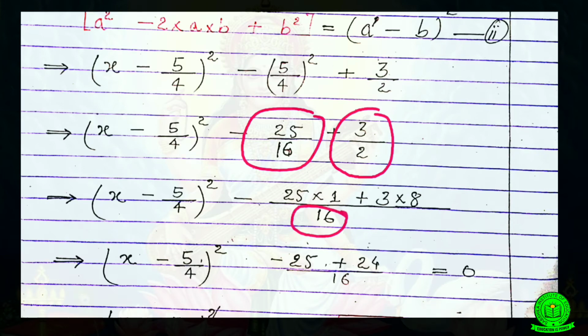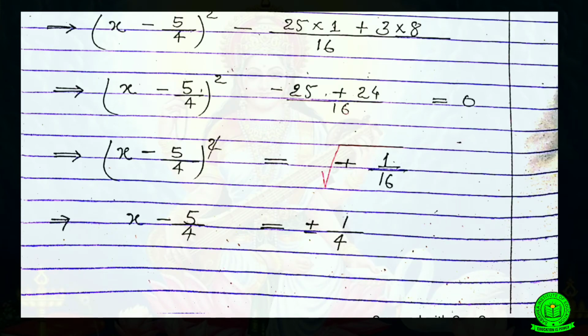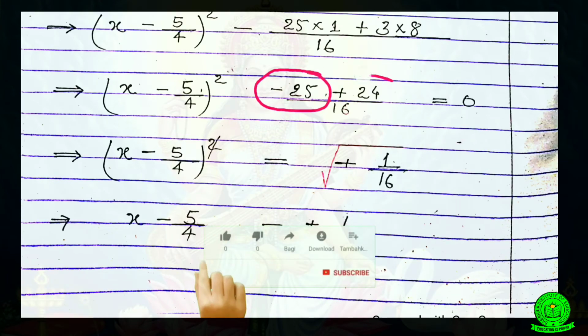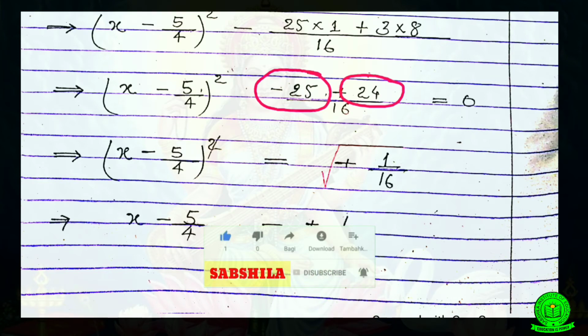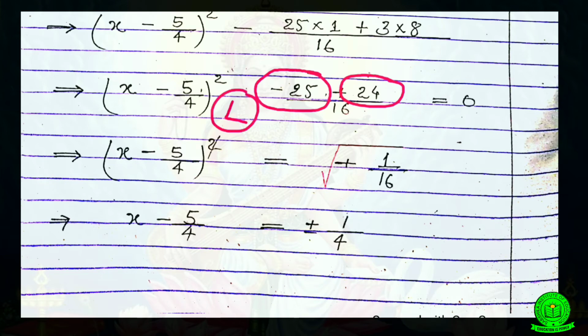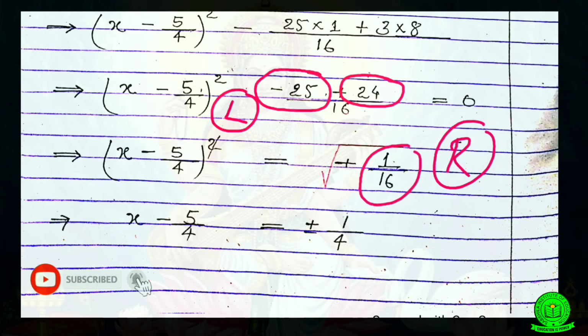After finding the LCM and solving, if you subtract minus 25 and 24, you will get 1, and we send it to the next side, the right side. It is the LHS and it is the RHS, so minus is changed into plus. Okay, so we have 1 by 16. If you find the root of 1 by 16, you will get 1 by 4.